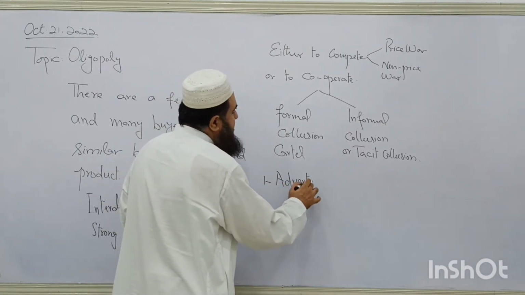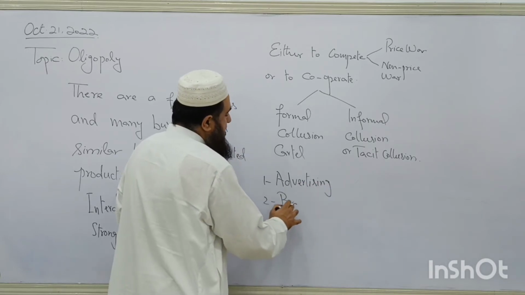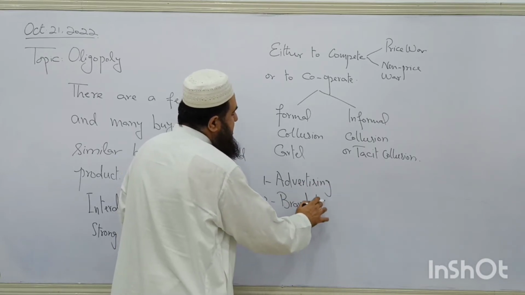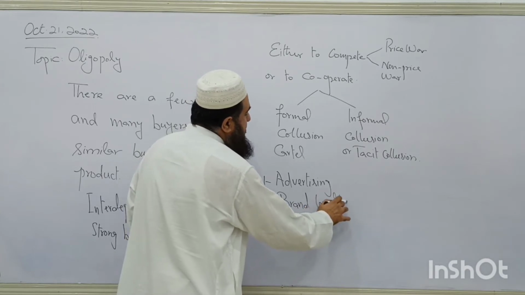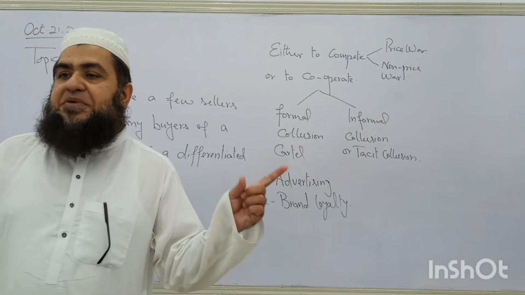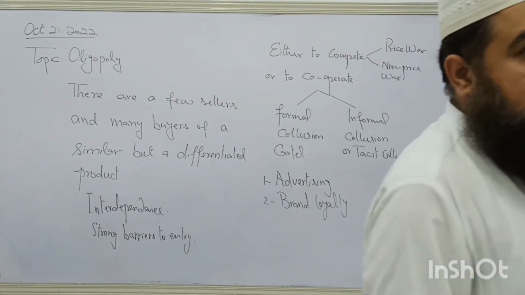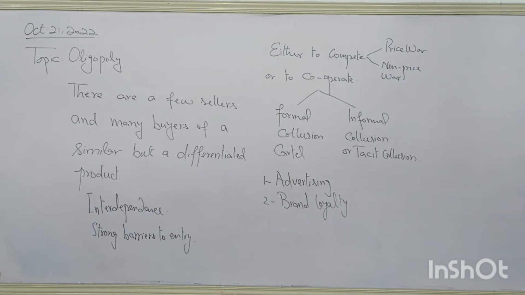What else can be a barrier? Second is brand loyalty. What do you mean by brand loyalty? Now firms are competing on the basis of brand loyalty. A customer who is buying Pepsi or Coke is very much loyal to that brand.